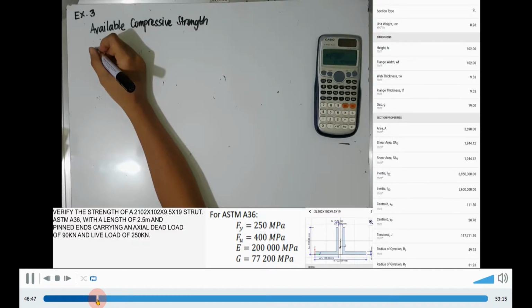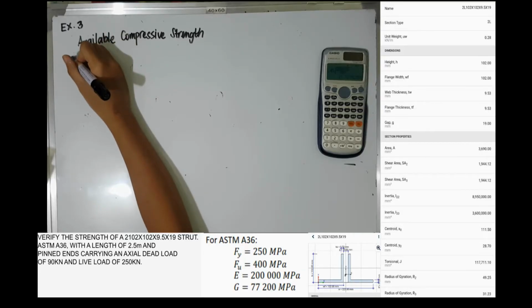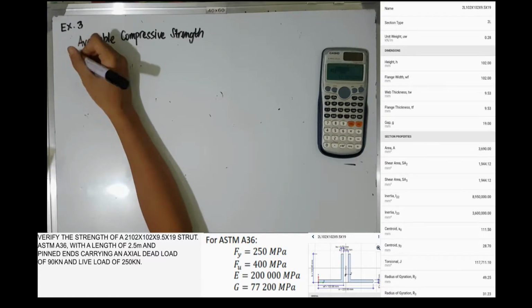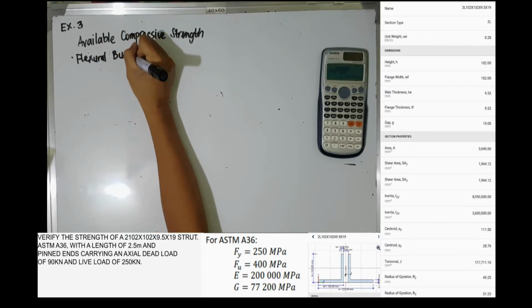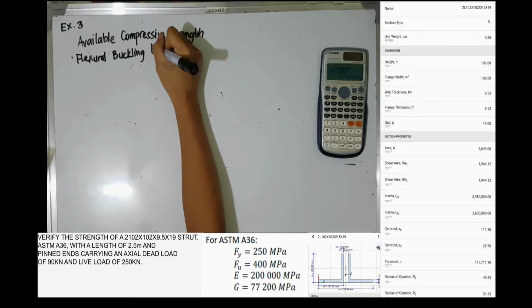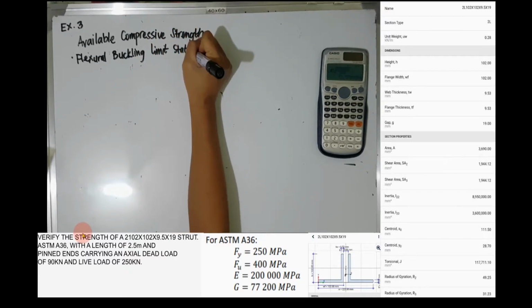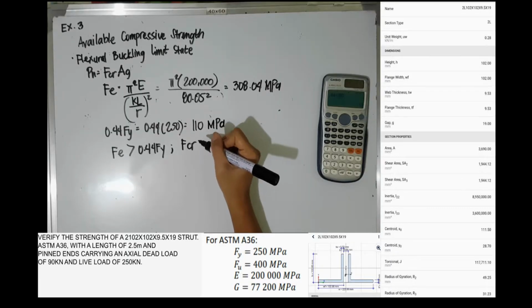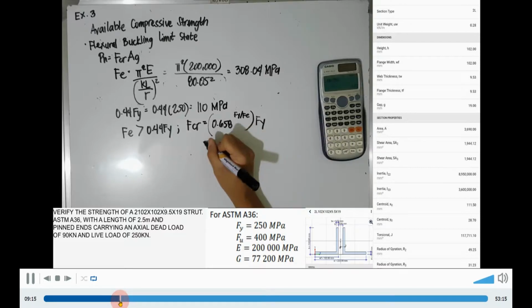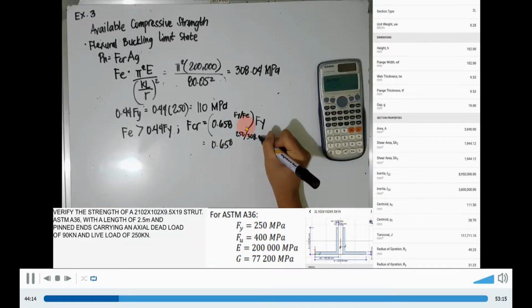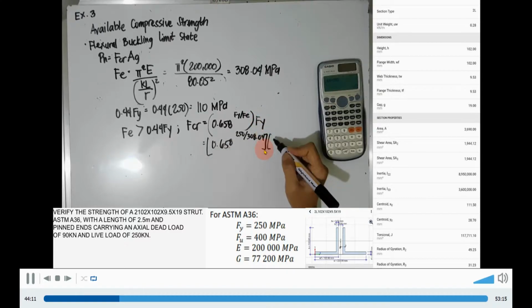So in determining the available compressive strength, the nominal strength would be equal to the buckling stress multiplied by the gross area. So the buckling stress is equal to 0.658 raised to Fy over Fe, multiplied by our Fy.